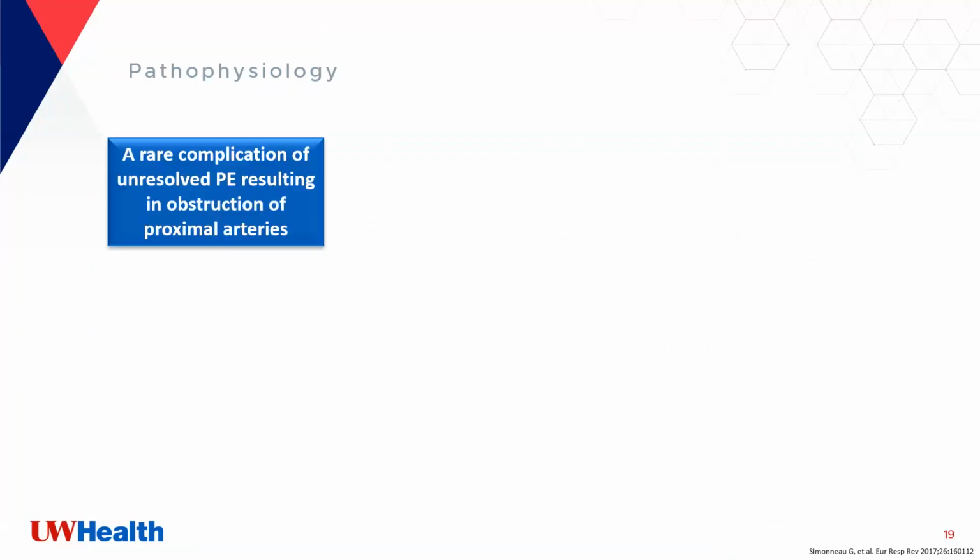Now we'll talk a little bit about pathophysiology. But something to note is that pathophysiology is still under investigation, and it's rather complex. There have been several mechanisms proposed. So first one is that CTEPH can develop several months or years after an acute PE, which sometimes may be even silent, and it can also form despite continuous anticoagulation or even an absence of new symptoms.